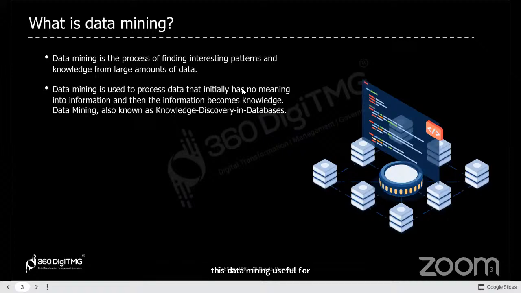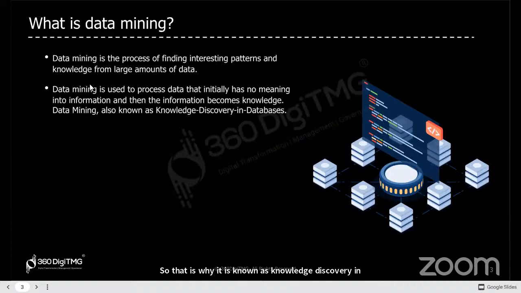So whatever data has no meaning, we will convert that into useful information. That is why sometimes data mining is referred to as knowledge discovery in databases. So basically, data mining is useful to process the raw data in order to get useful information or knowledge. That is why it is known as knowledge discovery in databases.